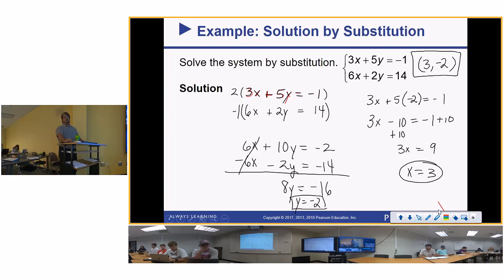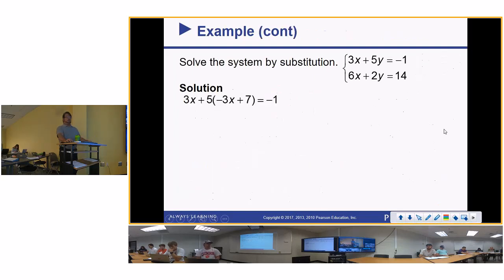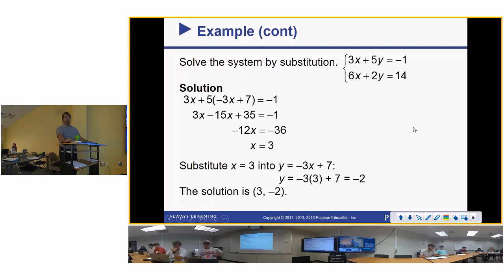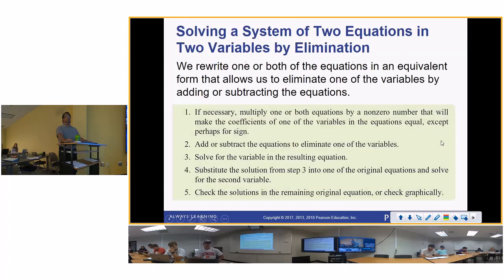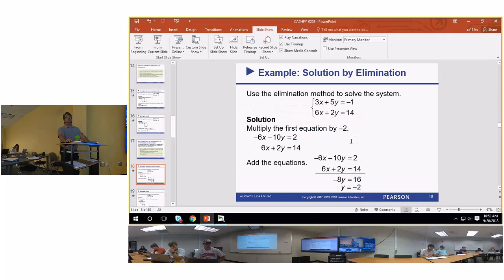Let's check and see if I did it right, see if I know what I'm doing. There we go. Yeah, (3, -2), so at least I hadn't kicked in yet. All right, discard.